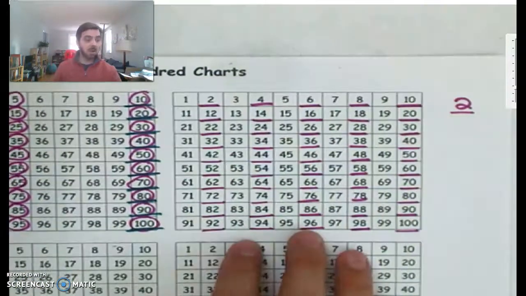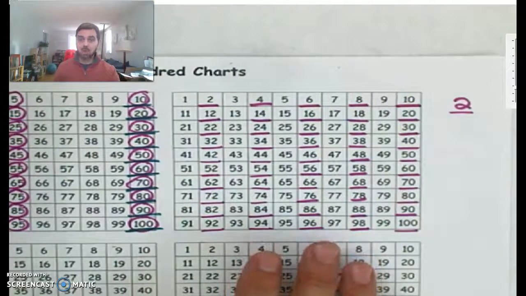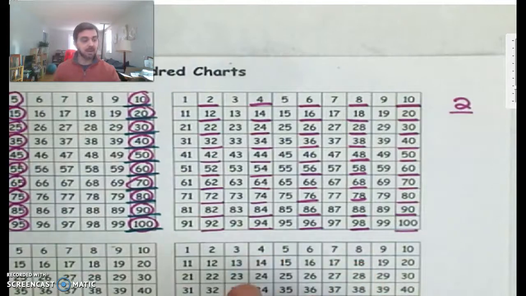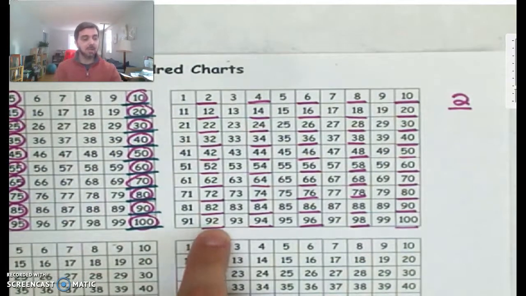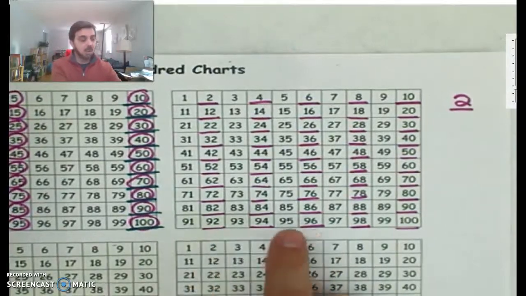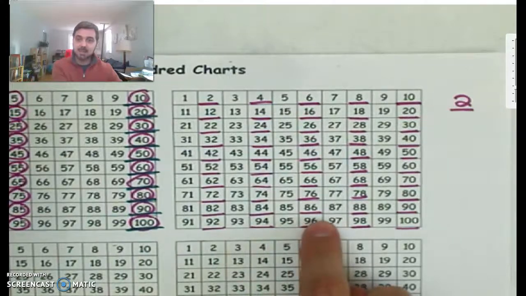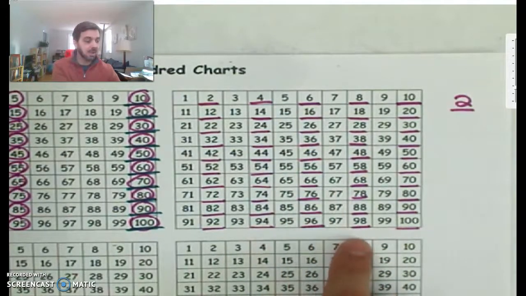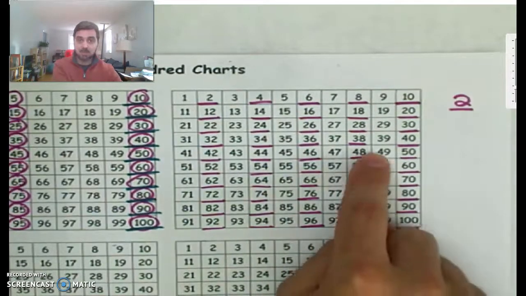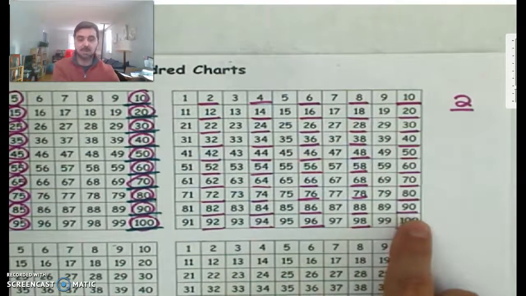Okay, so a lot of these numbers are multiples of 2. Do you notice the pattern here? In this column they all end in a 2 in the ones place, or there's a 4 in the ones place in this column, a 6 in the ones place in this column, an 8 in the ones place in this column, and a 0 in the ones place in this column.